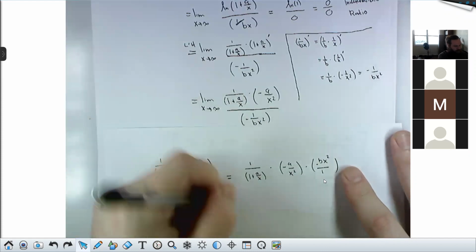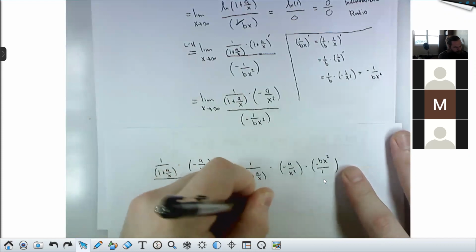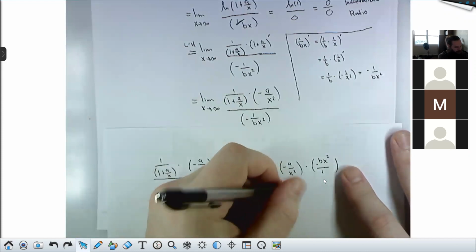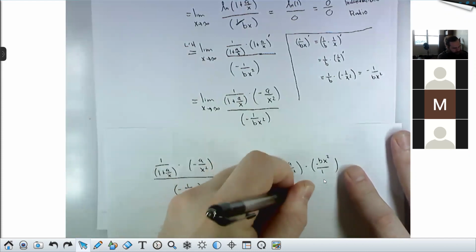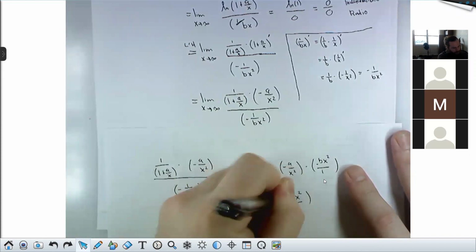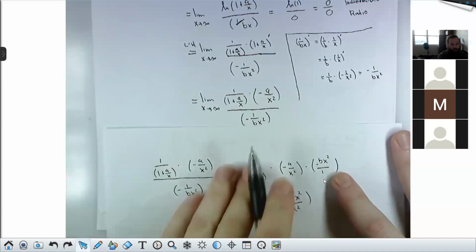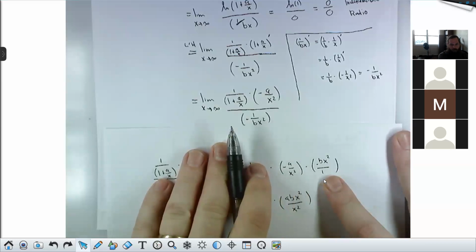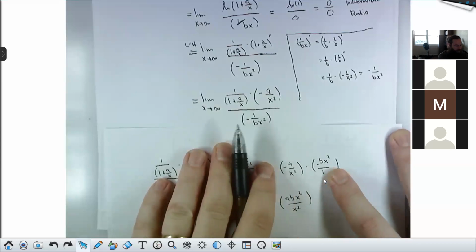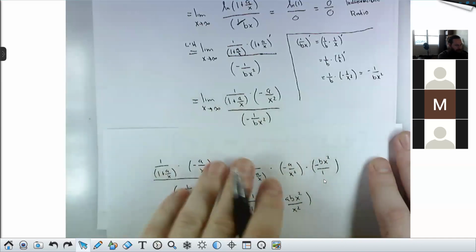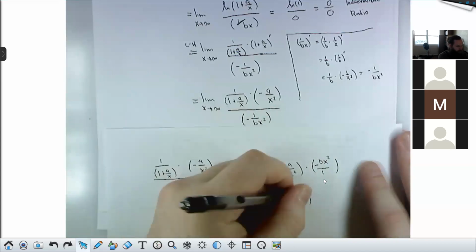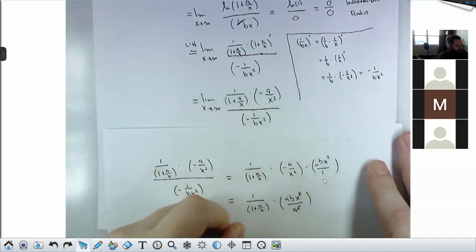Now that's 1 over 1 plus a over x times, let's combine these into a single fraction. We'll have abx squared over x squared. All right, if I multiply these two fractions, I just forget about this guy for a minute. You multiply fractions straight across. So negative a times negative bx squared is positive abx squared. And downstairs, x squared times 1 is just x squared. So now I can cancel the x squareds. I'm still ignoring this first part.